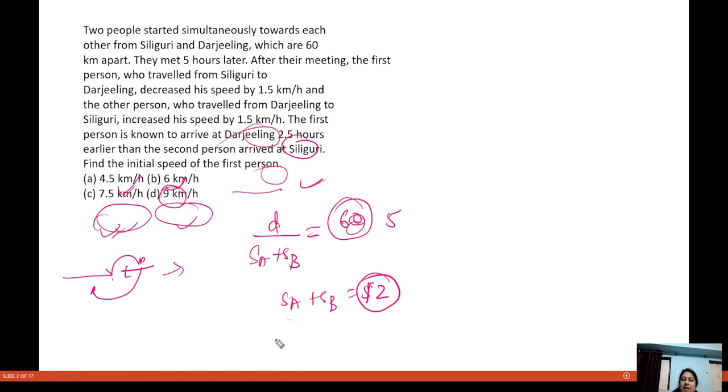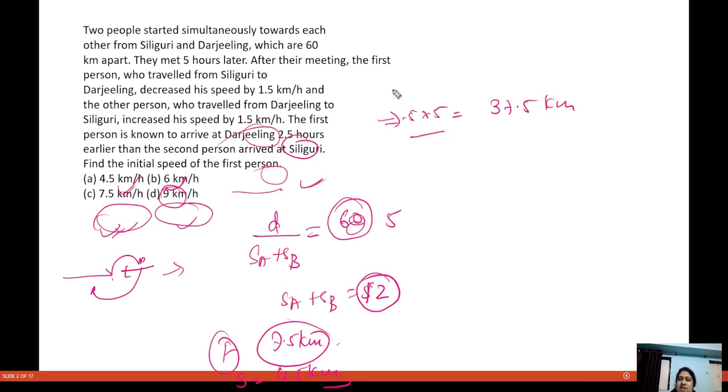So if I take my faster person speed as 7.5 kilometer, first person speed, then the second person speed is going to be 4.5 kilometer. Fine. Now in 5 hours at 7.5 kilometer you are traveling how much? 37.5 kilometer.